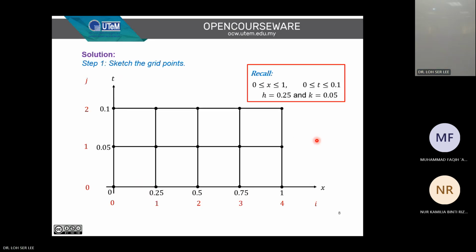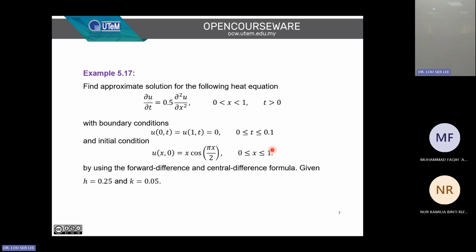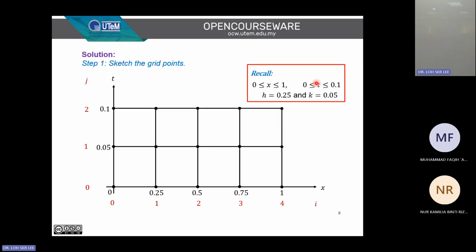So this is the first step. Step 1, we will sketch the grid points. Just now, your X is 0 up to 1, T is 0 up to 0.1, and your H is given as 0.25 and K is 0.05. We take the x-axis for X and the y-axis for T, so X versus T. Your X starts from 0 up to 1 with a step size of 0.25.